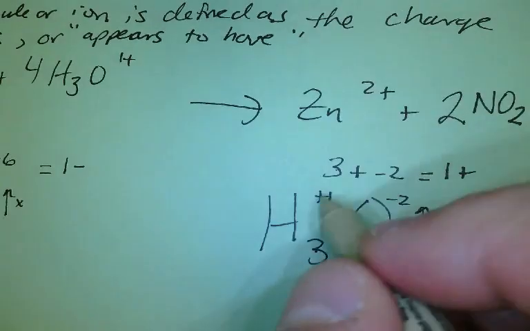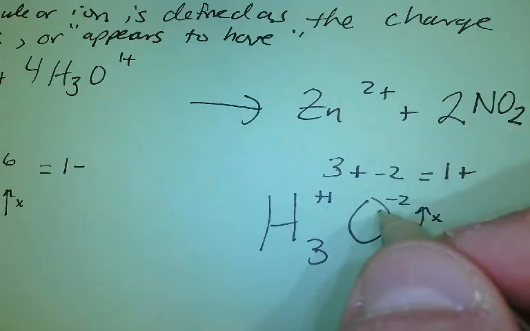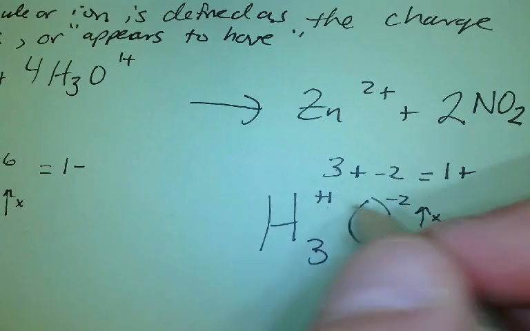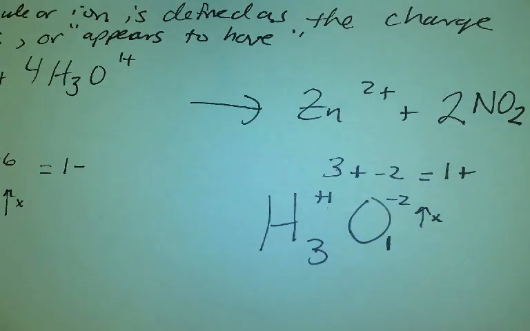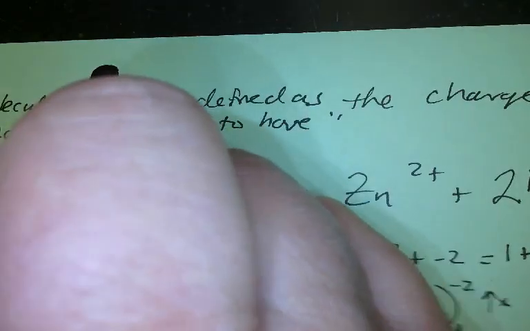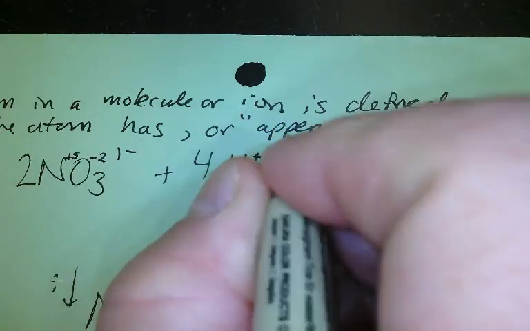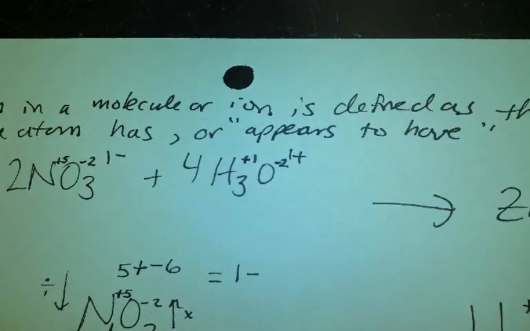Okay, that's good because hydrogens are always +1, oxygens are -2. Did I even need to go through and do this math? No, because I could have just followed my rules. So now I can come up here and put a +1 here and a -2 there.